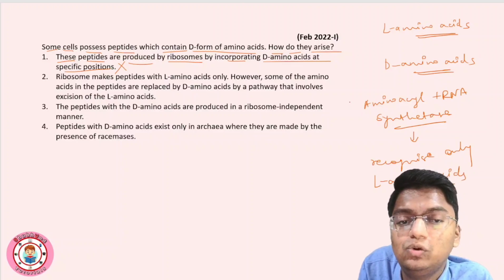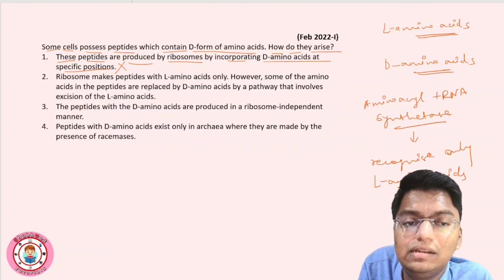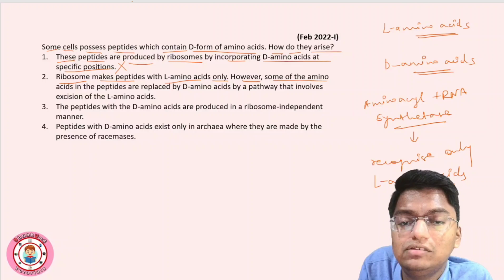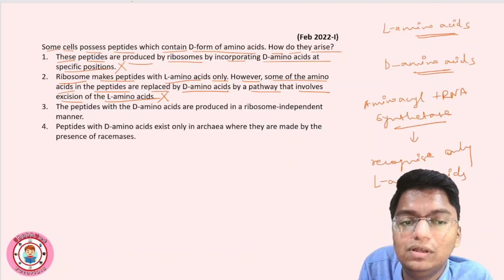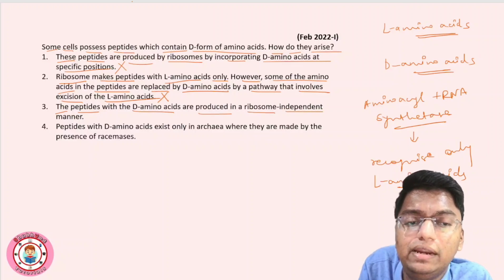Okay. So how then is D incorporated? Let's see the other statements. Ribosomes make peptides with L amino acids only. However, some of the amino acids in the peptides are replaced by D amino acids by a pathway that involves excision of L amino acid. No, this is also nonsense. The peptides with the D amino acids are produced in a ribosome independent manner.